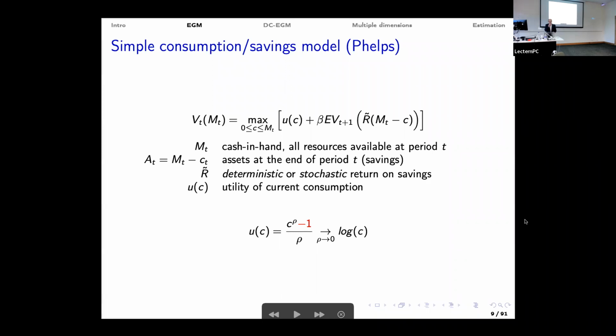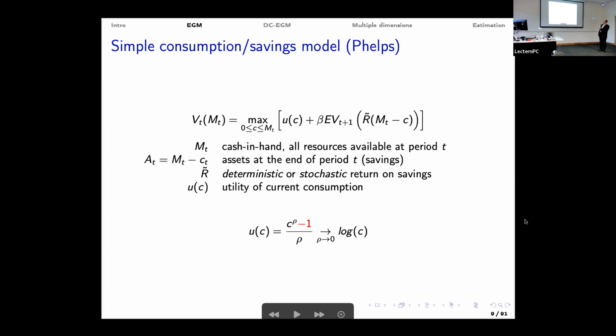All right, so let's start with the standard consumption-savings formulation. We have a Bellman equation here. One state variable M_t, that's your wealth. You're consuming out of that wealth, so the choice variable C is between 0 and M_t, and you are getting the instantaneous payoff u(C) plus the discounted expected value, all very standard.